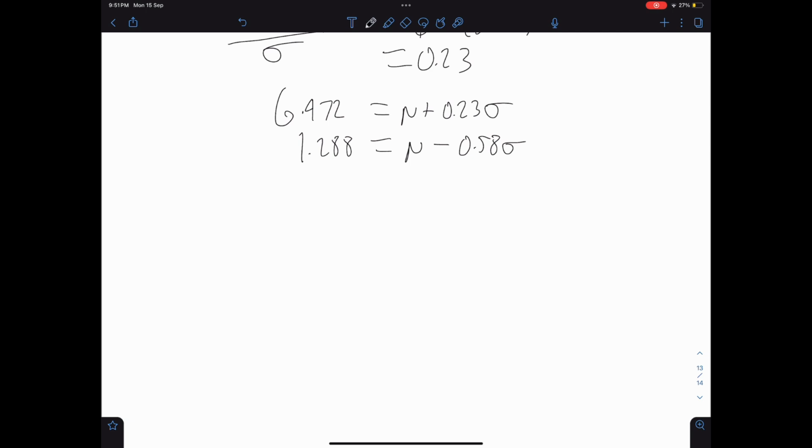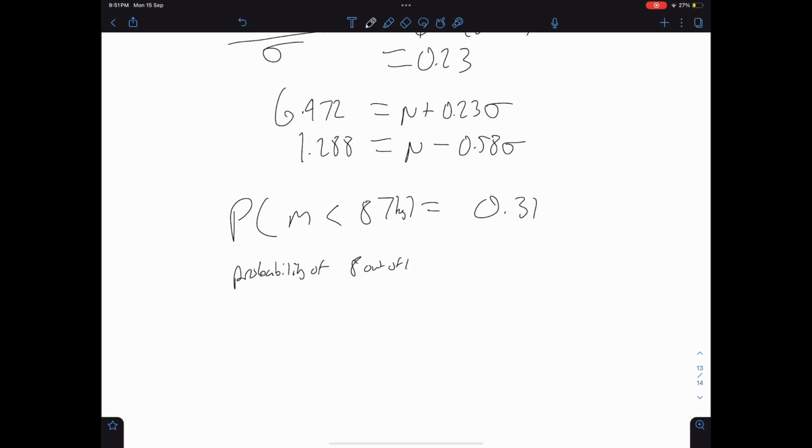And obviously, I will note that even though these are continuous probabilities, when you calculate a probability, they may ask a discrete question. So like, say you calculate the probability of the mass less than 87 kgs is equal to 0.31, then it might ask you to say, okay, probability of 8 out of 10 having mass less than 87.